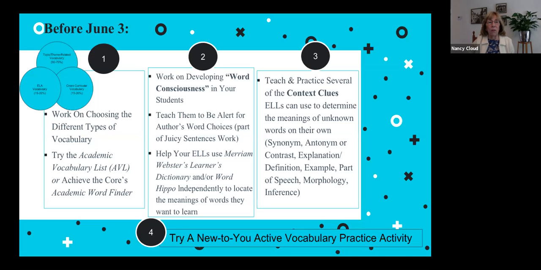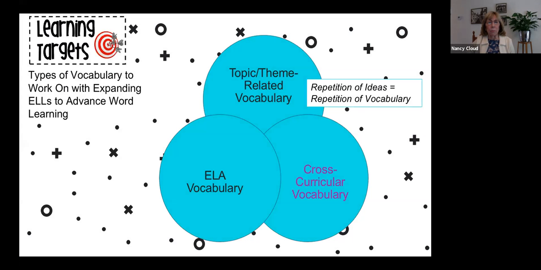So I know that to varying degrees, you were able to do maybe a little of this, hopefully some of this. So as we think about these 3 types of learning targets that we have when we're teaching words, the idea here is that we know that ideas get repeated in a novel, but you shouldn't be repeating the vocabulary, always using the same word.